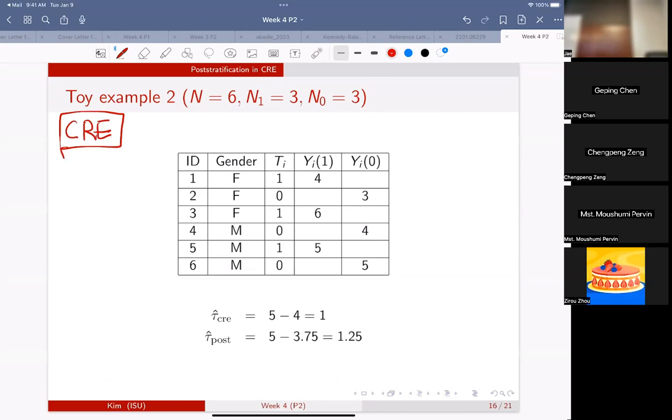One is the original tau estimator, which is basically the mean of the treatment group minus the mean of the control group. The mean of 4, 6, 5 is 5, and the mean of 3, 4, 5 is 4. So you get 5 minus 4, which is 1. So this is the tau hat under the CRE.